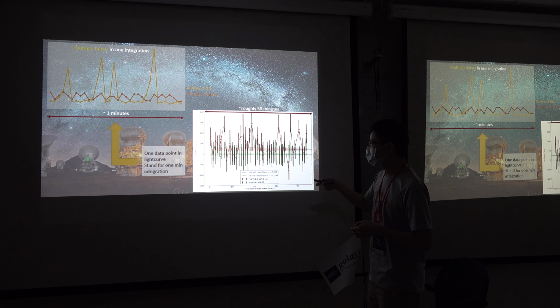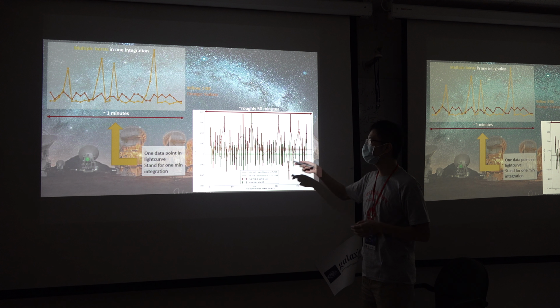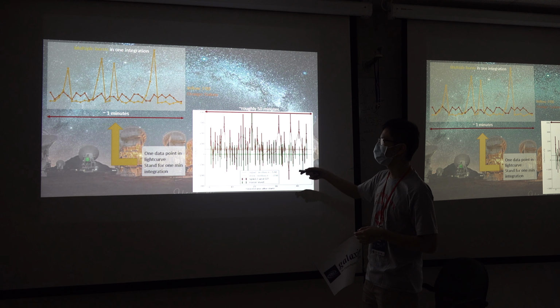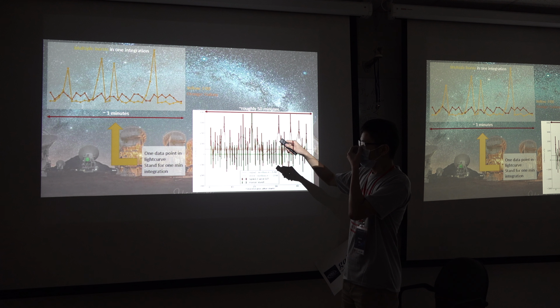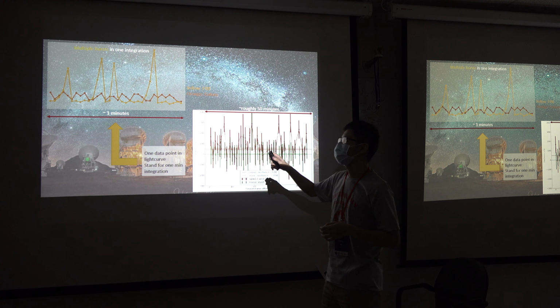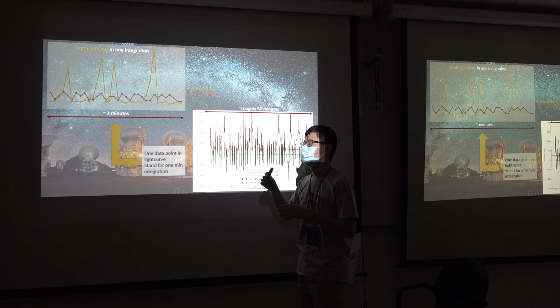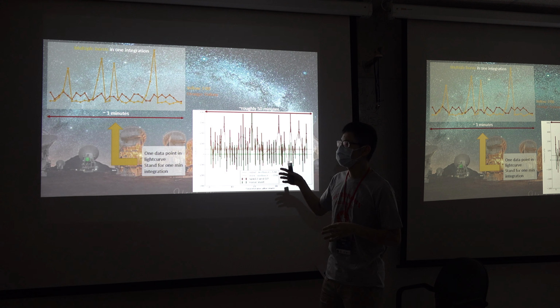Each data point in this light curve stands for 1 minute of integration, because as I said, the FRB can generate up to 21 bursts in one hour. So there might be multiple bursts in one integration.